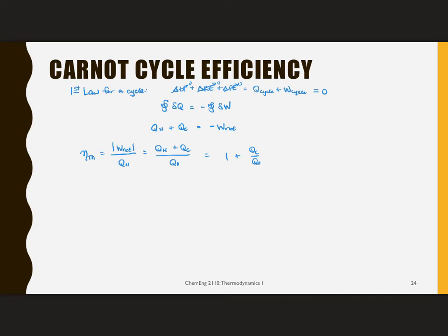QC is negative, QH is positive. So this is 1 minus, if I did the absolute value of those. And then we know that this is true for any cycle.